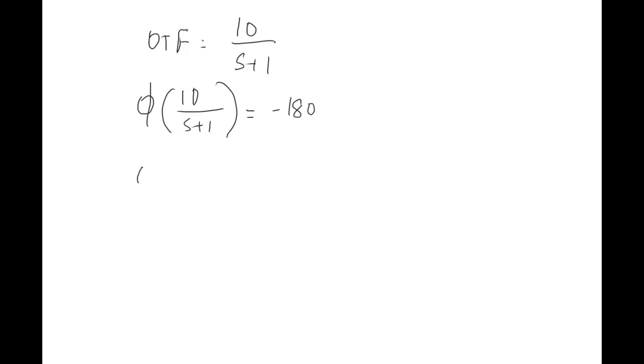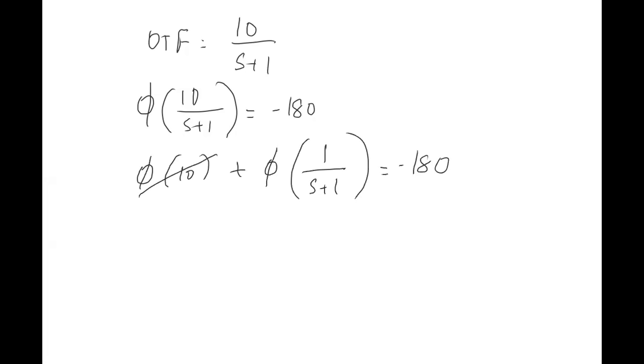Phase angle of 10 plus phase angle of 1 by s plus 1 equals minus 180. Phase angle of 10 is 0. Phase angle of this one is tan inverse of minus omega tau, which is equal to minus 180.